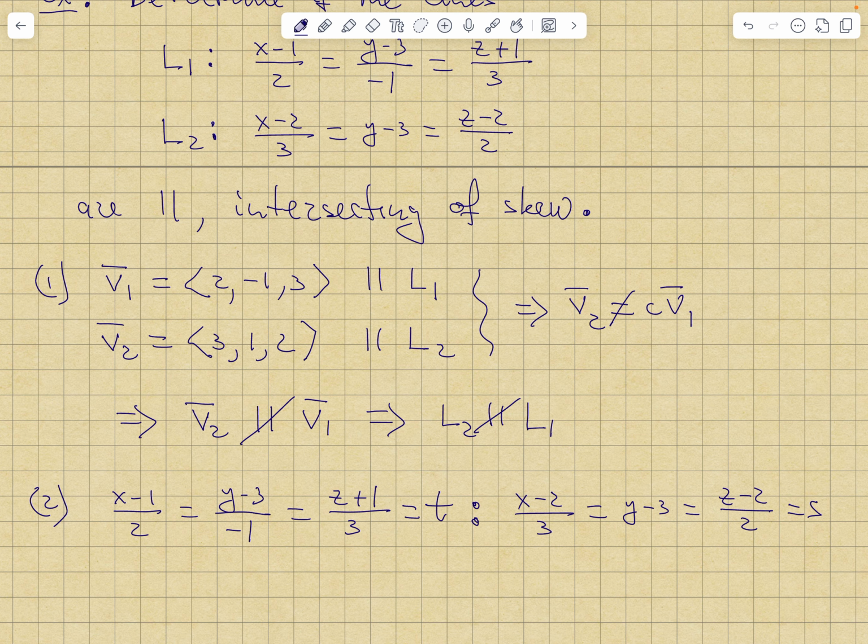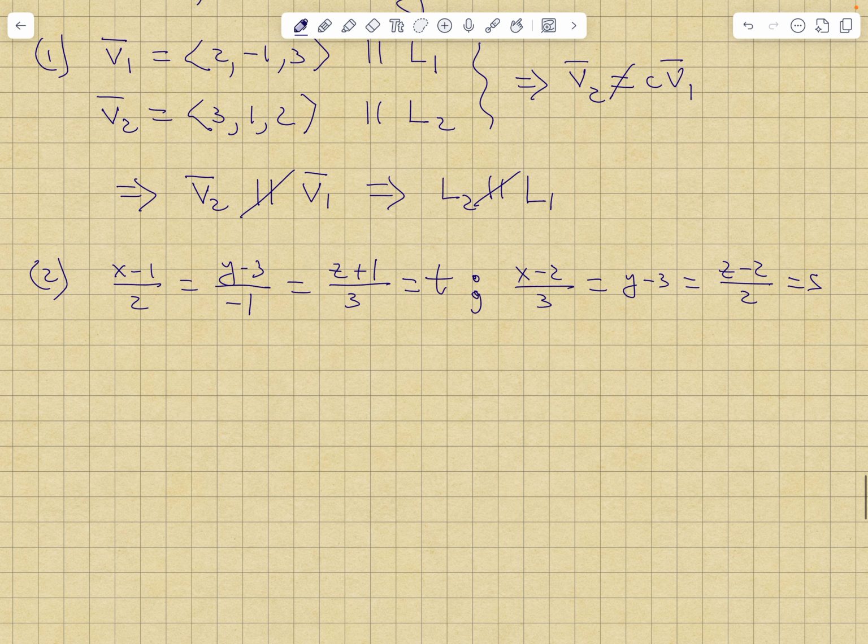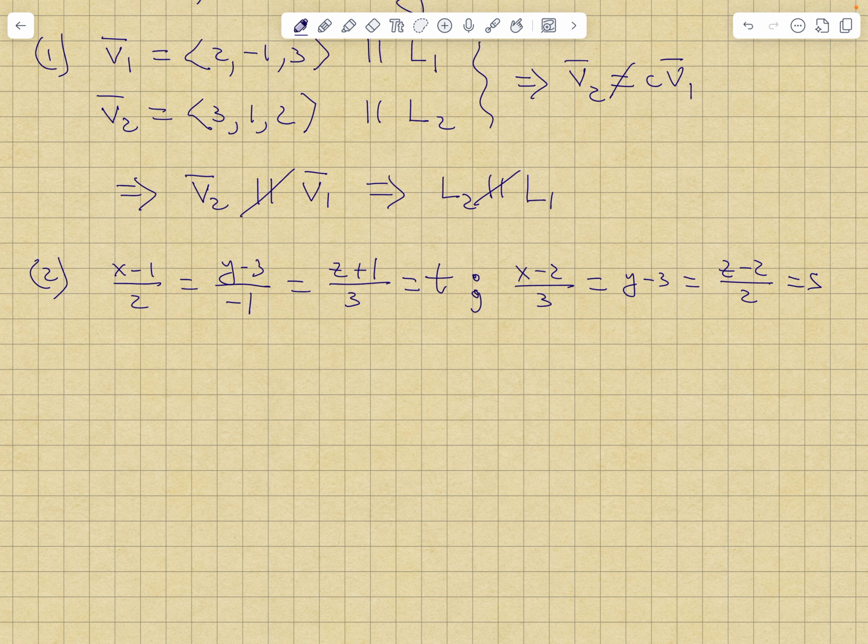So the parametric equation of the first line is x equal to 1 plus 2t, y equal to 3 minus t, and z equal to minus 1 plus 3t. So that's my line L1.